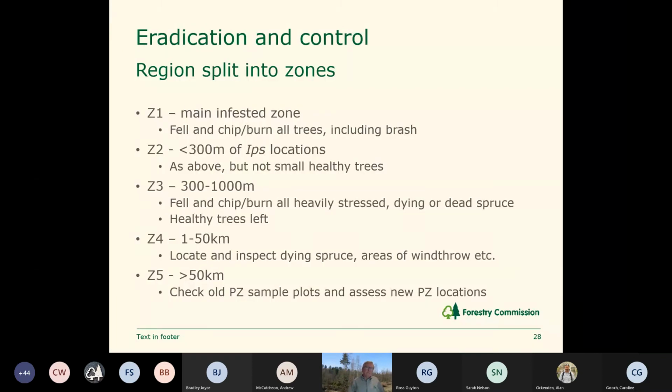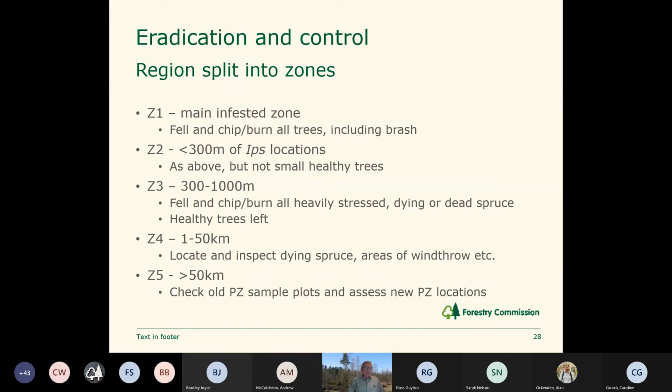At a 300-meter radius from the infestation, everything was removed except small healthy trees, spruce we're talking about, and a slightly wider survey then determined that anything heavily stressed, dying or decayed was also destroyed.